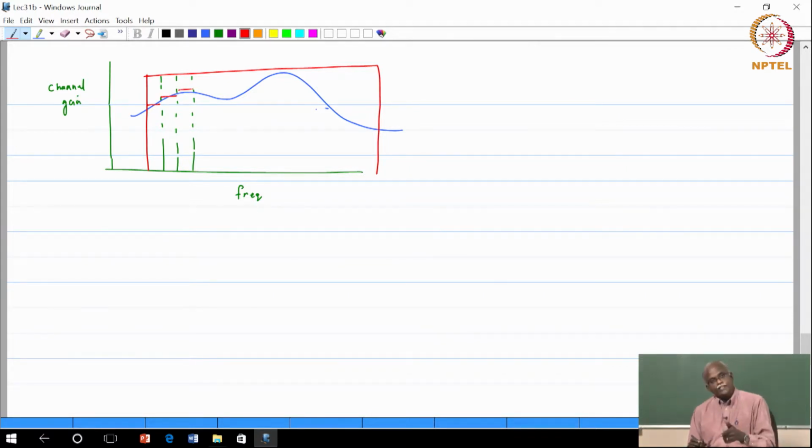I have got a wideband signal where the gains are all different. I am going to break them up into some number of subbands. Let me say that the bandwidth of each of these is B. It is much smaller than the total bandwidth that you have.